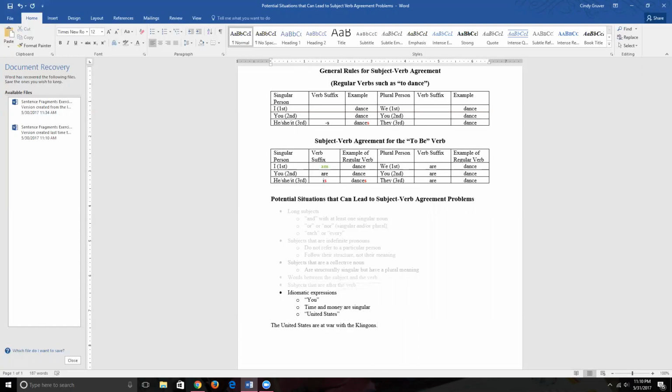No, we say the United States is at war with the Klingons because we consider it one unit. So those are just some examples of idiomatic expressions. If you start using one of those and you're not sure if you're right, just Google it to confirm that.